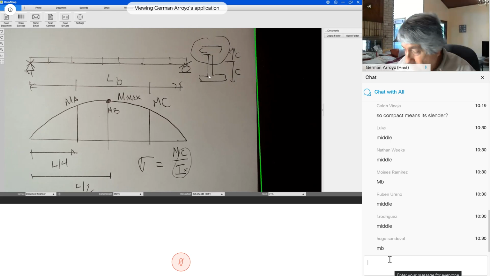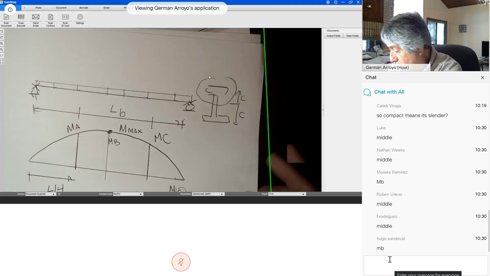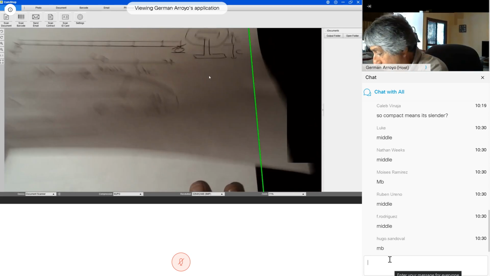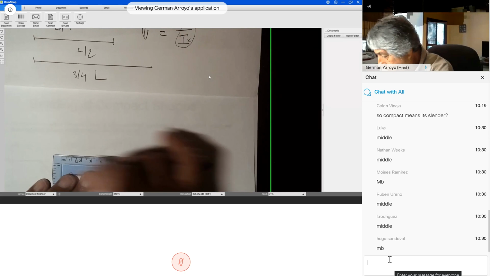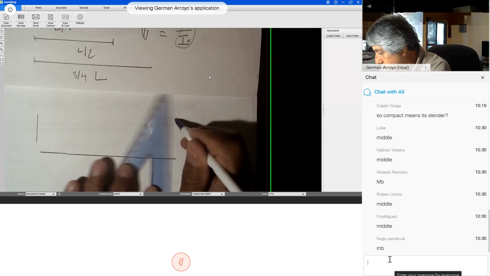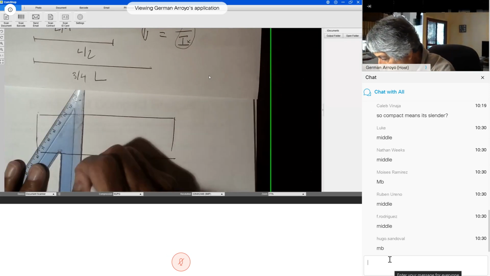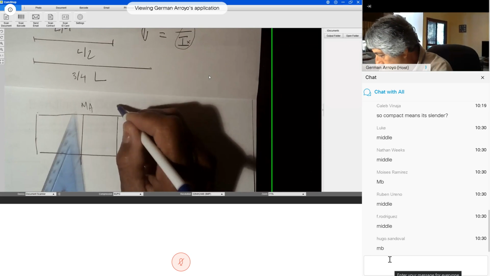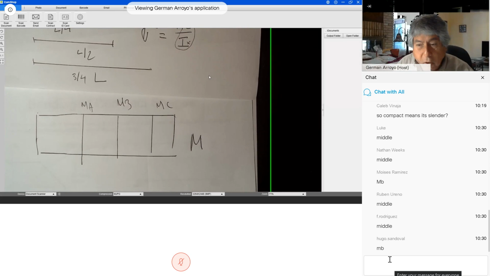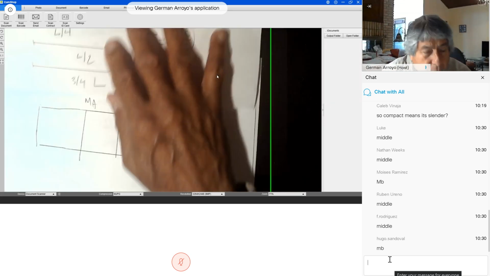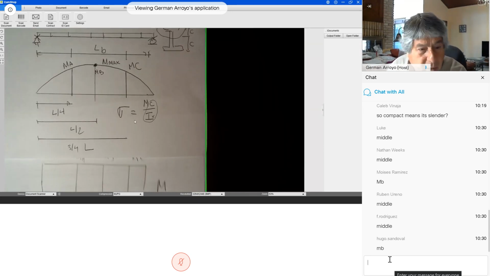So if you compare this case, I'm going to draw only the moment diagram. You compare this case with a moment diagram that looks like this. So in this case, instead of having this parabola, we have a uniform moment.